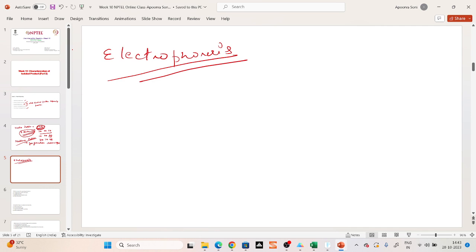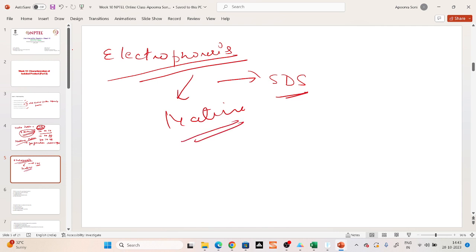Because electrophoresis can also be done under native conditions or SDS, that is denaturing conditions. So native electrophoresis means that denaturing conditions are not provided, whereas SDS polyacrylamide gel electrophoresis means that SDS is a detergent.